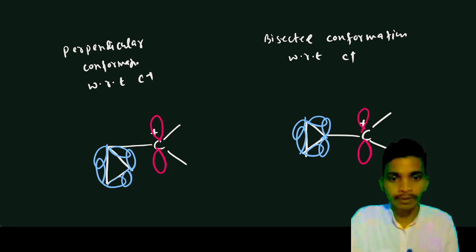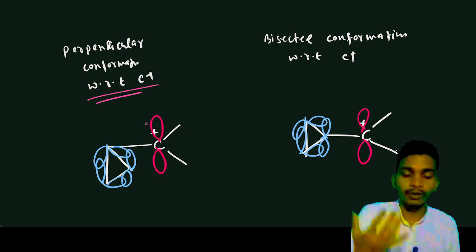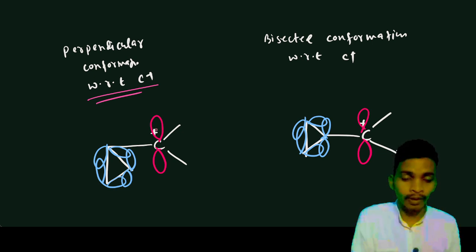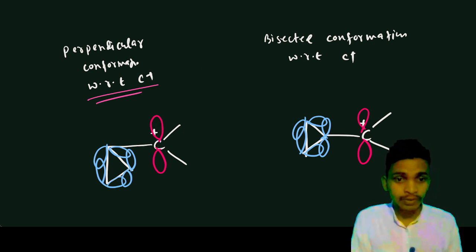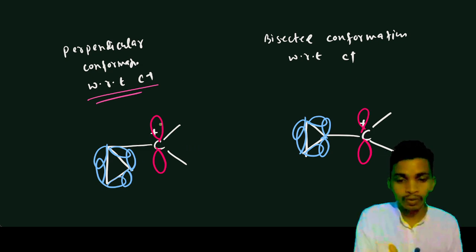Now if it is a perpendicular conformation with respect to the carbocation, then what happens is that it has expanded electron density, but this expanded electron density is not in a proper orientation with the vacant free orbital of the carbocation. So no proper amount of electrons will go to this vacant p orbital.